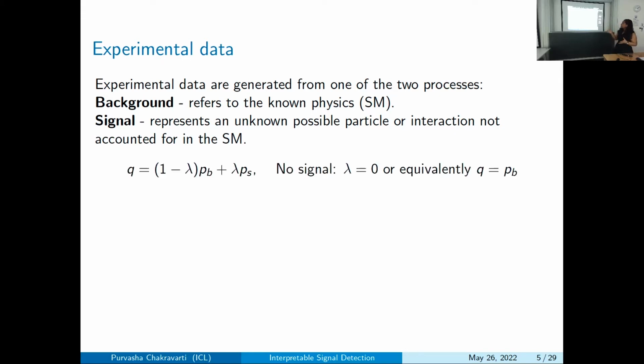You can think of the actual experimental data as coming from a mixture of this background and signal, where the mixing proportion is lambda, the signal strength, right? No signal means lambda equals 0.